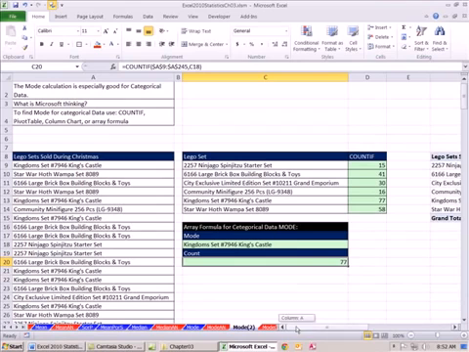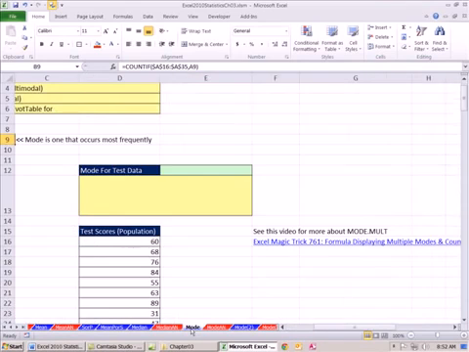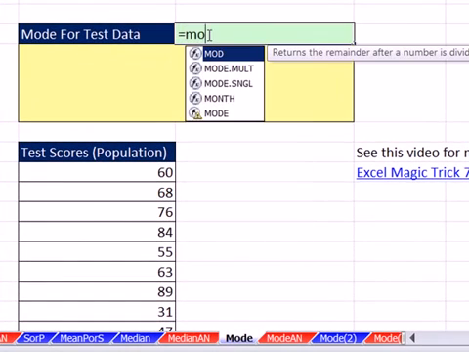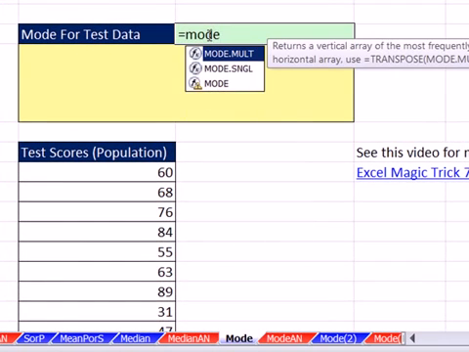All right, now let's go back over to our sheet mode. We have to talk about what happens when you have more than one mode. Now let's go ahead and calculate using the mode function. Now, mode only works on quantitative data, right? It has to be a number.